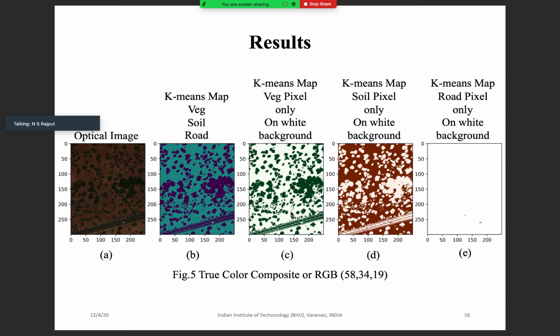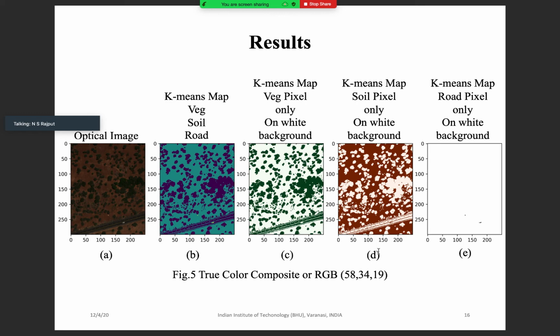So if I show these 3 different layers one by one, you will find that when we separated pixels covering vegetation, in image C you can see the vegetation separated.